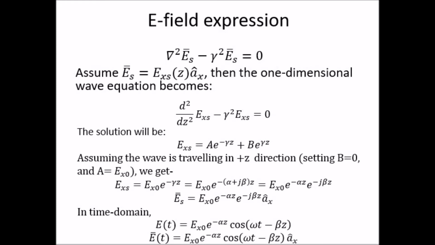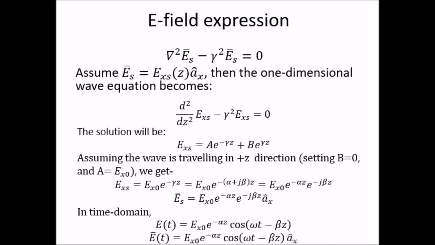Here we are considering the wave equation in terms of E field, that is del square Es minus gamma square Es is equal to 0. So now assume Es is equal to Exs(z) ax, meaning that Es has a polarization in the x-axis and is a function of z, that is, it varies in the z direction. So the wave will be propagating in the z direction and polarized in the x-axis.